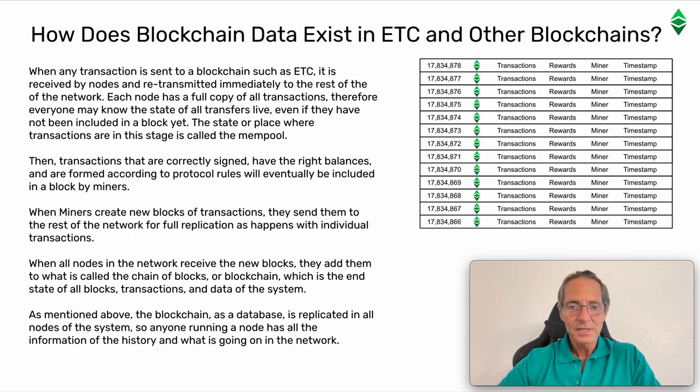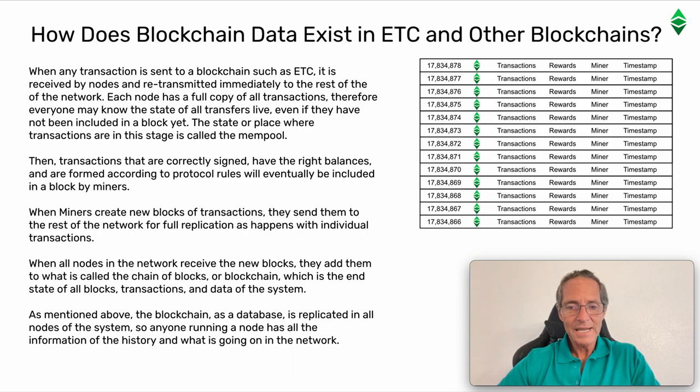Then, transactions that are correctly signed, have the right balances, and are formed according to protocol rules will eventually be included in a block by miners. When miners create new blocks of transactions, they send them to the rest of the network for full replication, as happens with individual transactions.